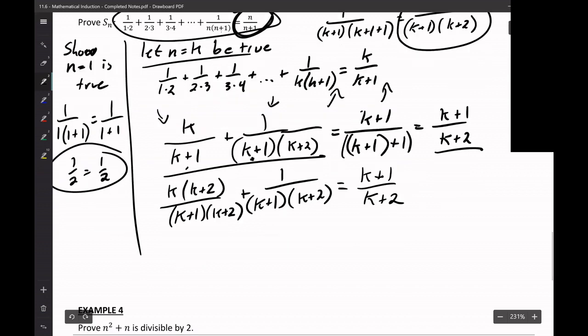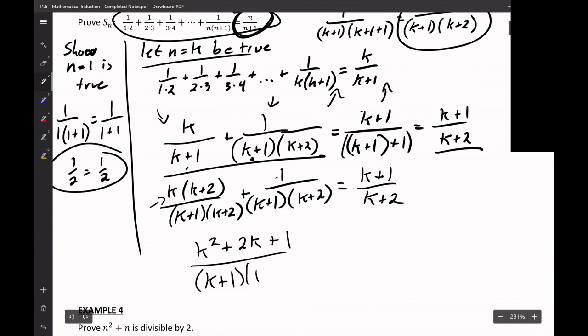Well, to do that, I can just simplify the top. I get k squared plus 2k as this expression right here. Putting my fractions together, I get plus 1 over k plus 1 times k plus 2, like so. Again, I'm trying to show that this is equal to k plus 1 over k plus 2.